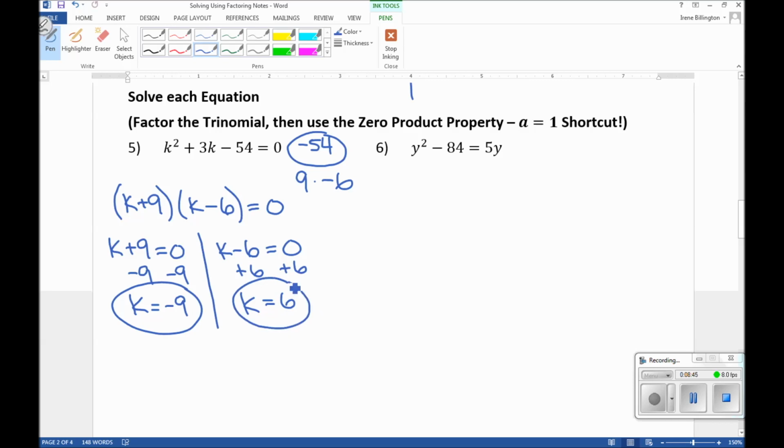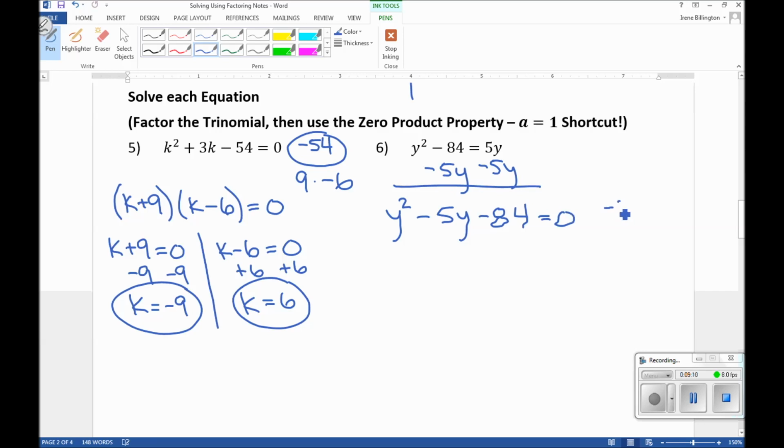Example 6. Please notice on example 6 that the equation does not equal 0. So we're going to take this 5y and subtract 5y from each side. Make sure that you put your polynomial on the left side in standard form. So we have y squared minus 5y minus 84 equals 0.